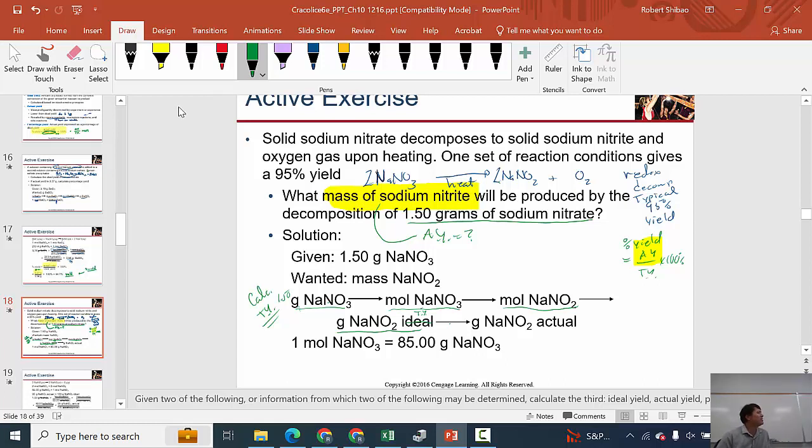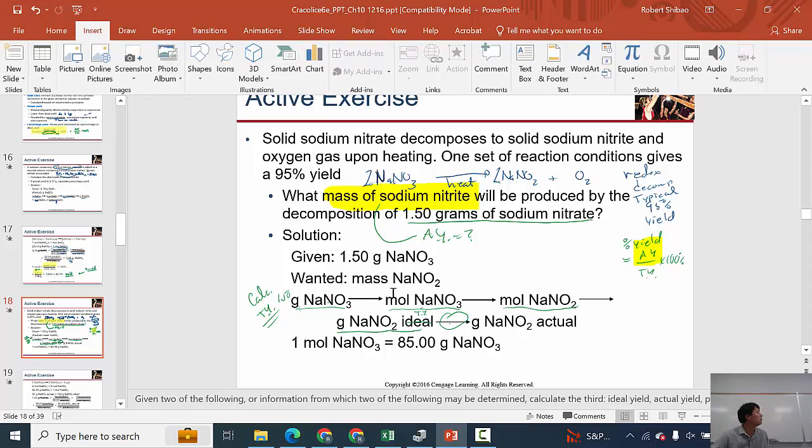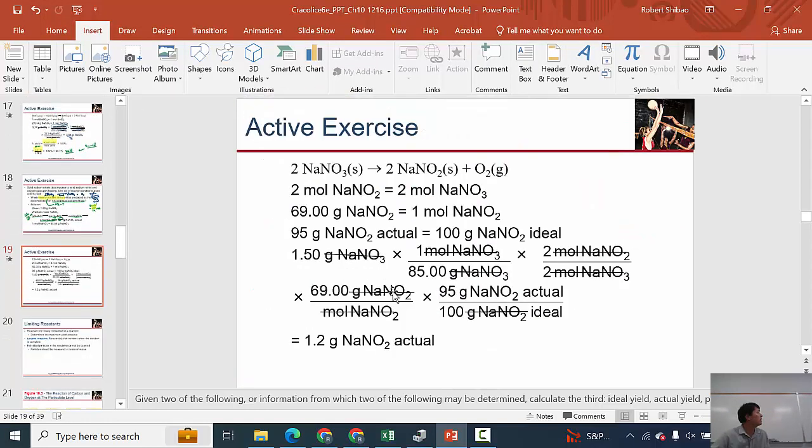There are 2 ways we could do it. We could do a separate calculation, or we could use a conversion factor at this step here. They give us the molar mass of sodium nitrite and the molar mass of sodium nitrate.